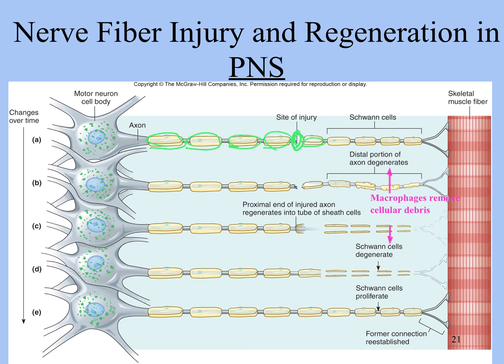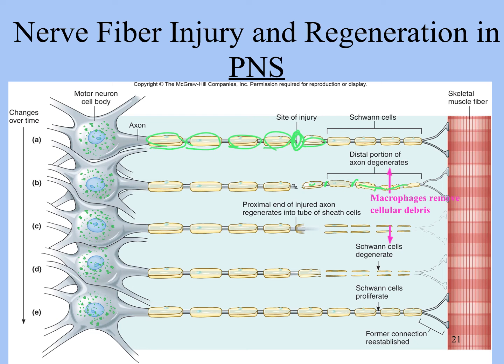giving that myelin sheath. All right, so distal to the site of injury, you're going to see an atrophy of not only the axon, but you're going to see the myelin sheath degenerate.